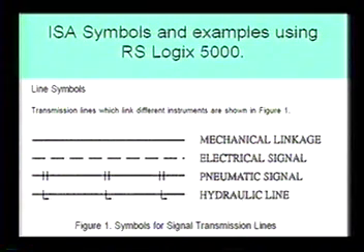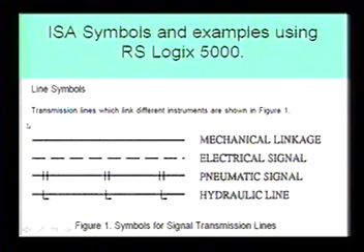So again, you need to understand these lines, and if it's a solid line, it's a mechanical linkage. If it's a dashed line, it's an electrical signal. If it's a solid line with hashes through it like this, that's a pneumatic signal, that's an air line. And if you have a solid line with L's through it, that's a hydraulic line. So you need to know all these different lines.